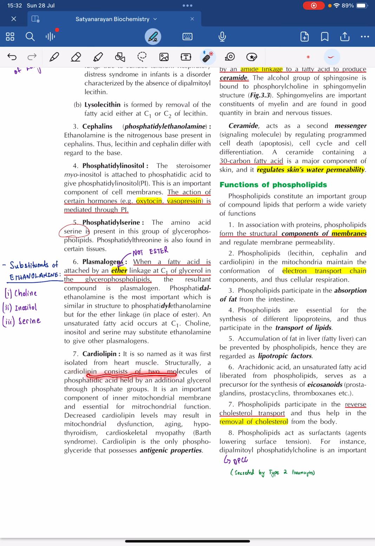Structurally, a cardiolipin consists of two molecules of phosphatidic acid held by additional glycerol through phosphate groups. It is an important component of inner mitochondrial membrane.